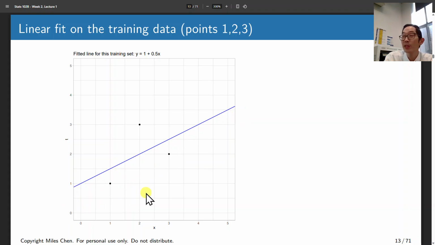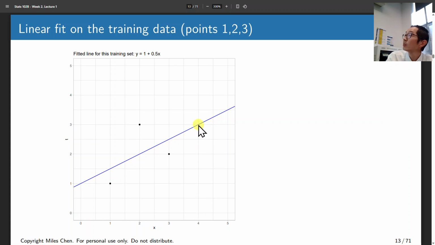What if I ask, what is the best fitting line for these 3 data points, okay? And so if you only see these 3 data points, the best fitting line is this, y equals 1 plus 0.5x, okay? So according to this, if I plug in x equal to 4, the value I would predict is 3, okay?